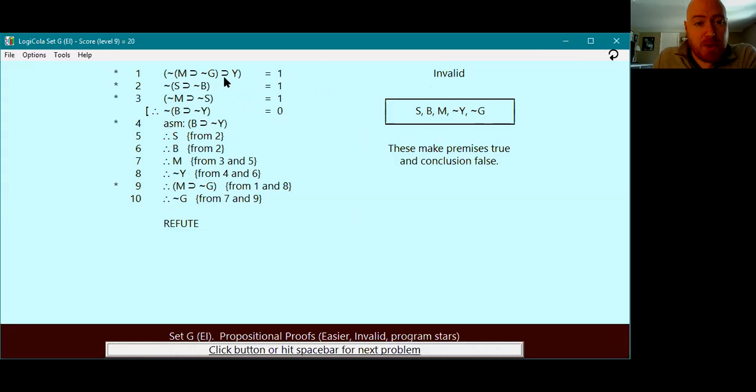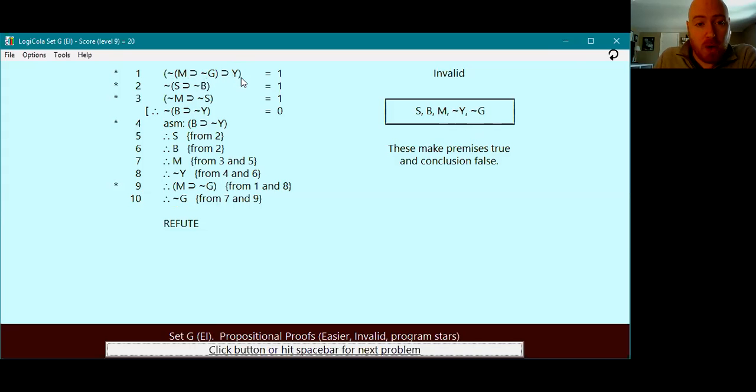All right, so the main operator of premise 1 is this horseshoe right here. Okay, now, so I've got that not Y is true, which means that my consequent is false. And the main operator of the antecedent is actually this tilde. So in order for this horseshoe to be true, the antecedent has to be false. Okay, so the antecedent, which is represented by this tilde right here, has to be false in order for this horseshoe to be true.